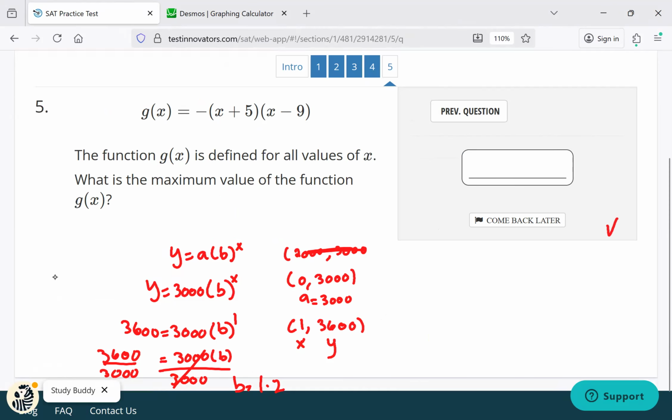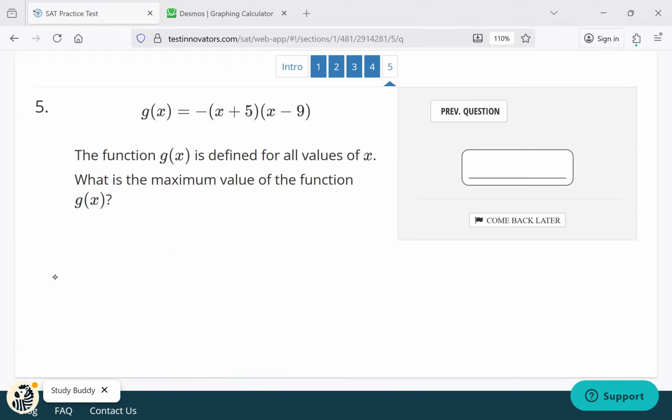Okay, the function g of x is defined for all values of x. What is the maximum value of the function? Whenever you hear the word max or min, it's always the y value of the vertex. Because you can use Desmos on the digital SAT, what I would do is just plug that back in and then look.